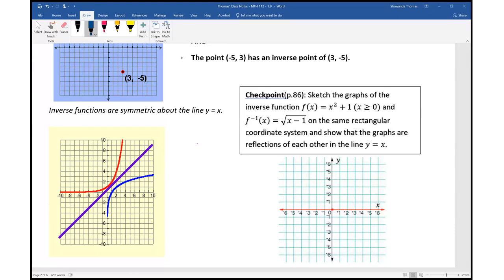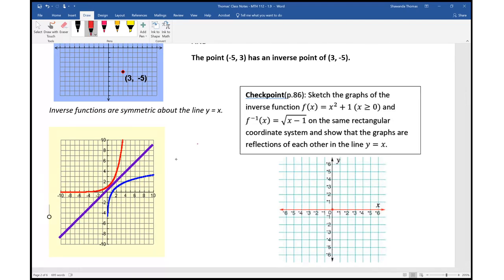Let's look at f of x equals x squared plus 1 and the square root of x minus 1. But let's look at f of x equals x squared plus 1 when the x's are greater than or equal to 0. All right, so let's go with that.